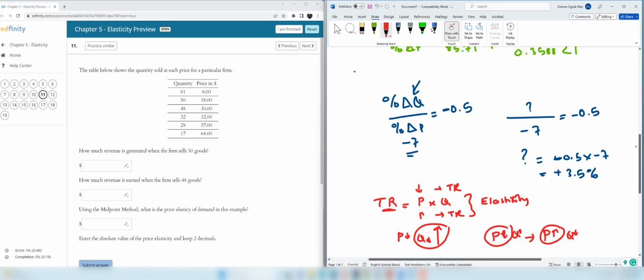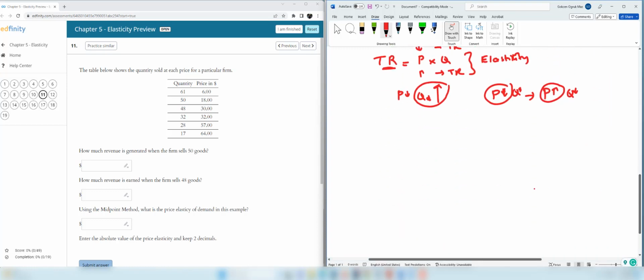So this question is about understanding this relation. And here the quantity and prices are given. First, we need to find out how much revenue is generated when the firm sells 50 goods. So total revenue is price times quantity. Total revenue is equal to 50 times $18, which in this case is $900. And next we need to find out how much revenue is earned when the firm sells 48 goods.